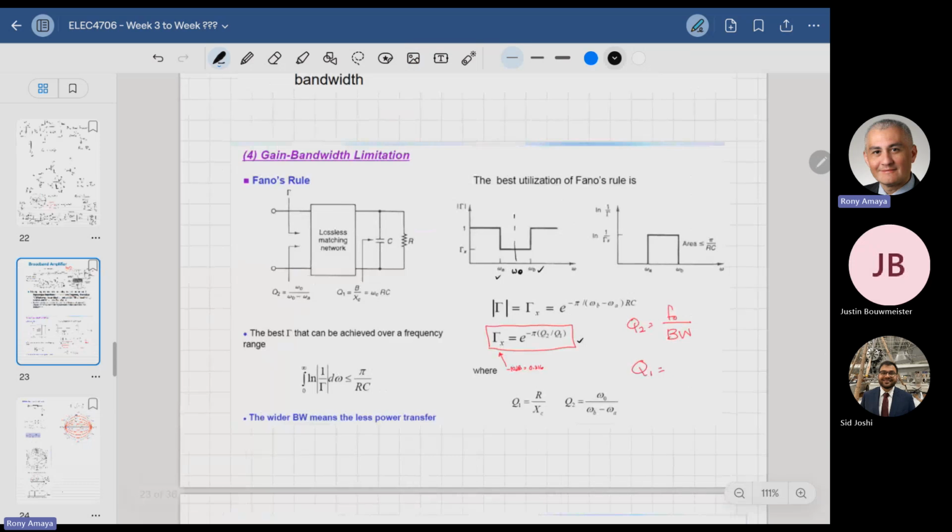So what it's telling me is that the limits on the maximum return loss you can get, or the maximum gamma you can get, is defined by this function here, which is Q2 minus pi of Q2 over Q1, where Q2 is the desired bandwidth, and Q1 is how much reactance you actually have to deal with. So the larger the reactance, the larger the Q1, the lower the gamma. It's going to be a problem, right?